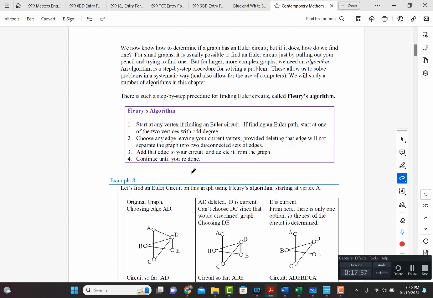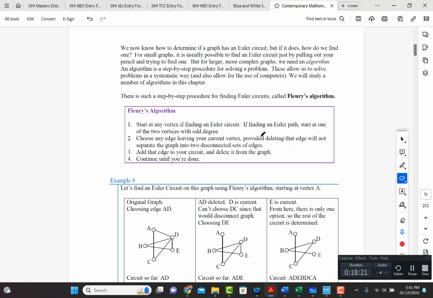So what we're going to do is study a number of algorithms in this chapter. The first one we're going to study is Fleury's algorithm, which is a way of finding an Euler circuit. Here are the steps. Step 1, start at any vertex if finding an Euler circuit.